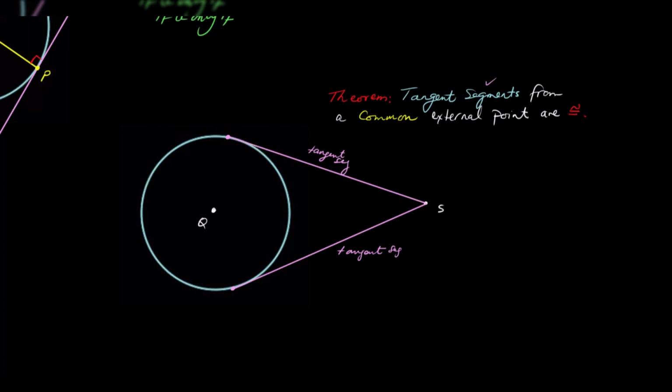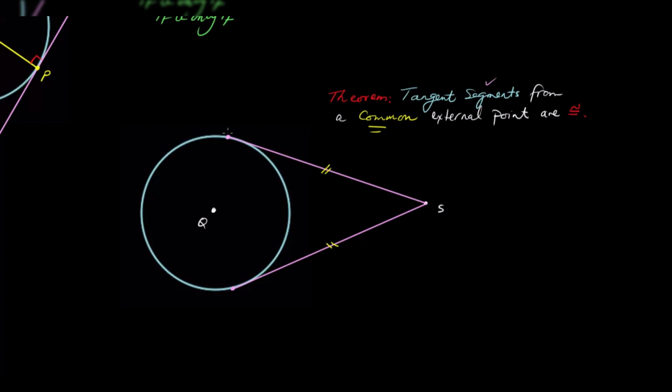So if you take any point and draw two tangent segments like this, this theorem says that these two tangent segments will be congruent. So the two tangent segments, they're a pair. The two tangent segments from a common external point, in this case S, are congruent. That is, this segment will be congruent to this segment.